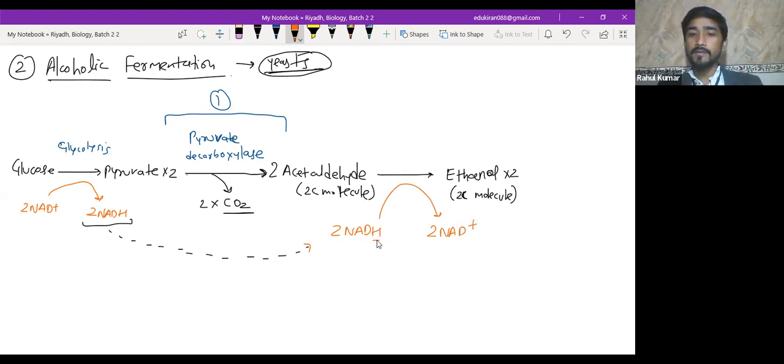So again, what's happening? Hydrogen is being removed. So can anyone guess the name of the enzyme?